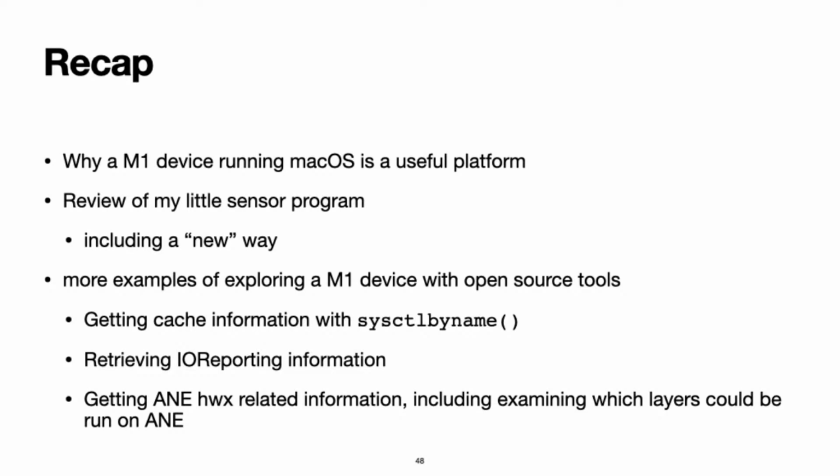The second is to retrieve IOReport information so that we can get information like what we can get from powermetrics, programmatically. The third is to get ANE HWX related information, including examining which layers could run on ANE. With that, we conclude my talk.